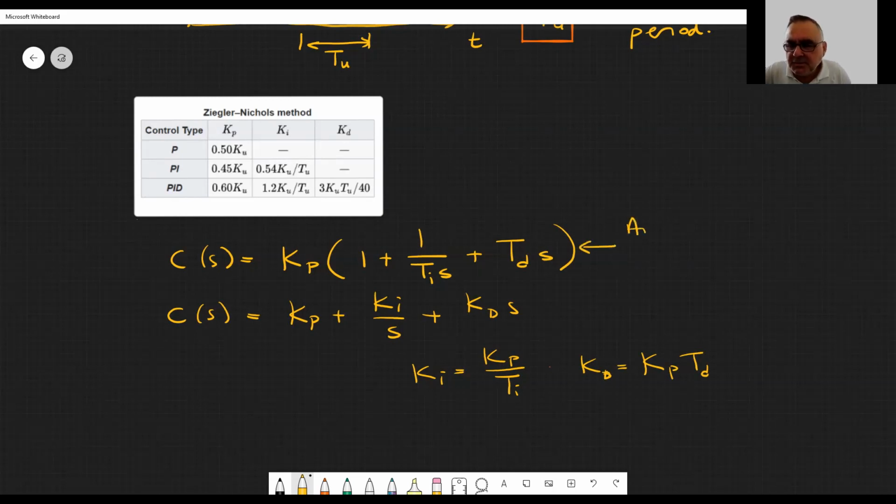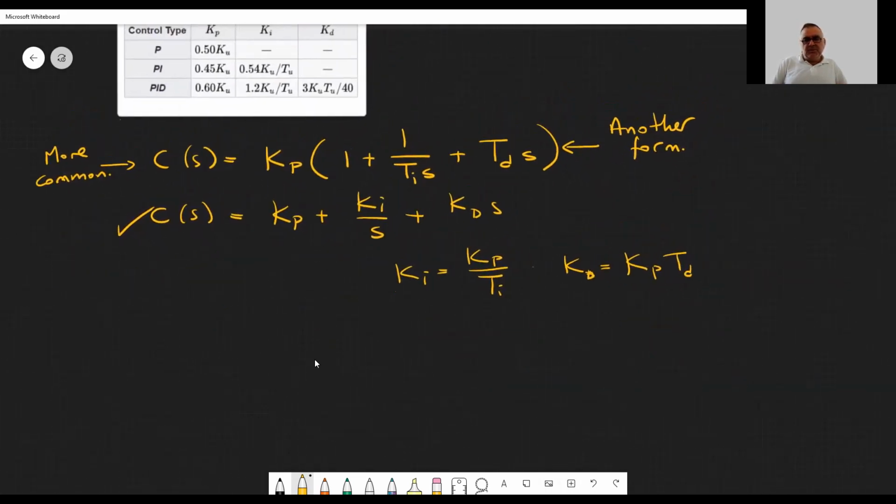Actually, this is another representation, but this one is more commonly used in the industry for some reason. But at this point, I will be using this one, because it's kind of simpler.